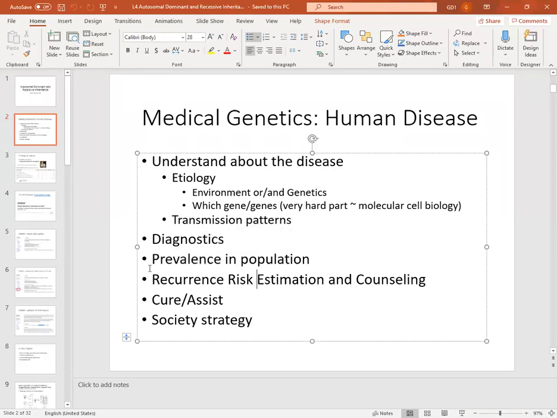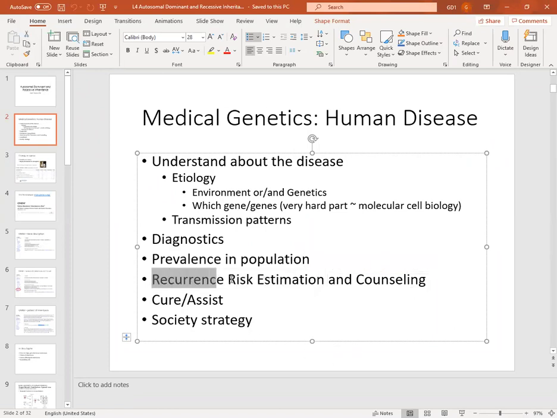And if you already know the prevalence of the mutation or the disease in the population, you can estimate the recurrence risk, right? Like mating estimation.